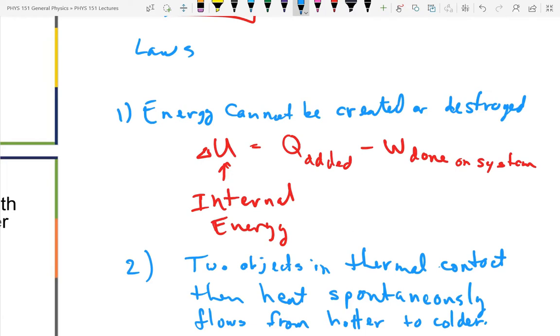But when I put it in there, energy doesn't flow from the one with higher energy to lower energy. It flows from the one with the higher temperature to the lower temperature. So it will flow out of the thing with the lower energy but higher temperature, into the thing with the higher energy but lower temperature. So the key is, second law, heat flows from the hotter thing to the colder thing.